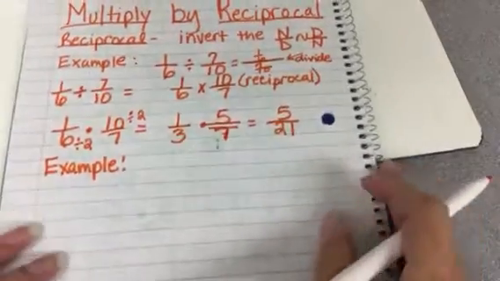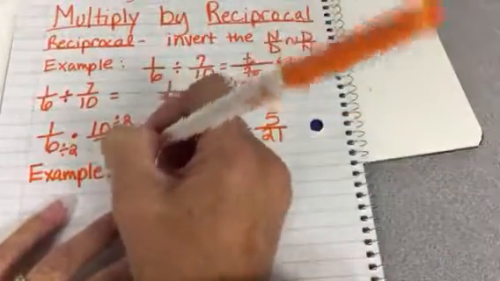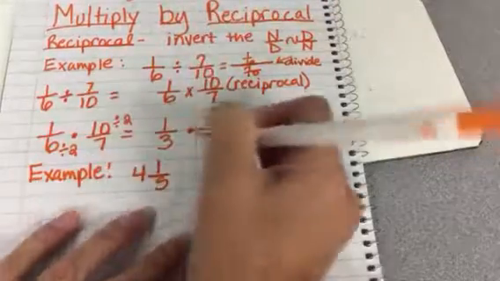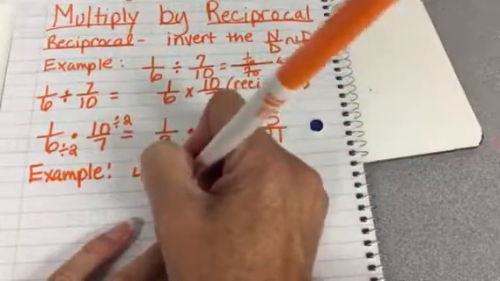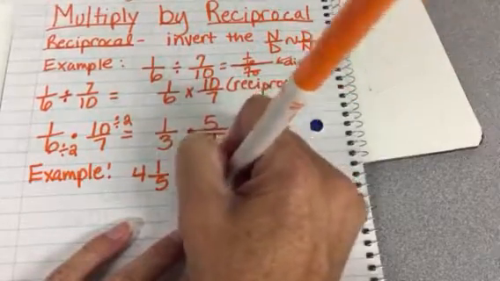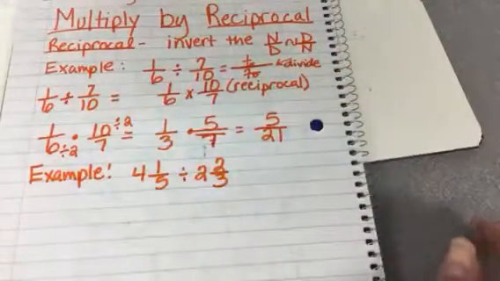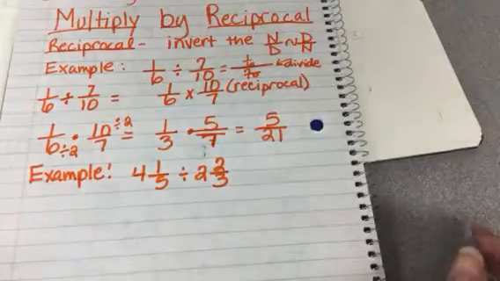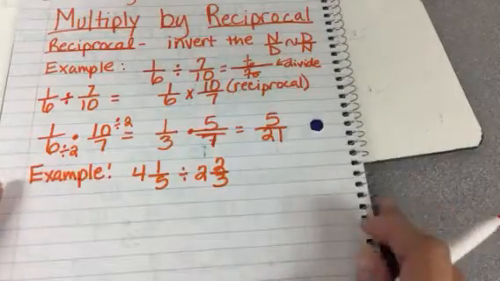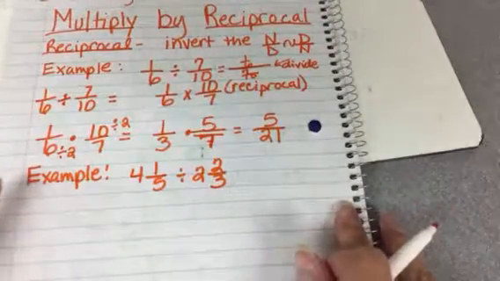This will be the first time that I've done an example with a mixed number. This is going to be 4 1/5 divided by 2 2/3. So what I'm going to have to do before I can divide these mixed numbers is change them into improper fractions.